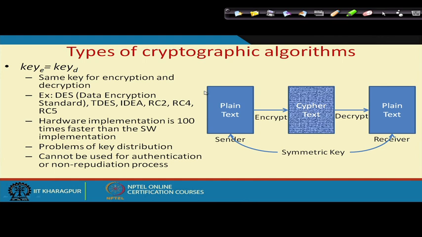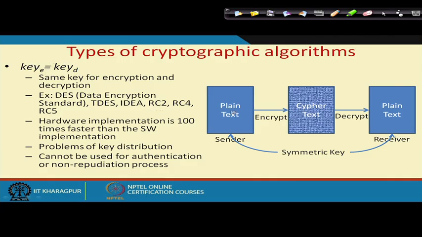Let us look at the concept behind the symmetric key cryptographic algorithm. In this particular case, the encryption key, that key E, is the same as the decryption key.